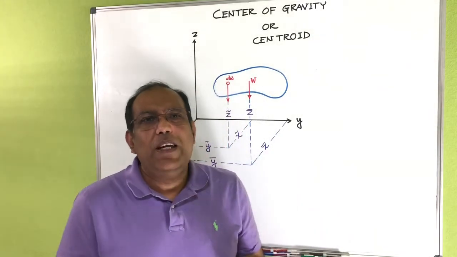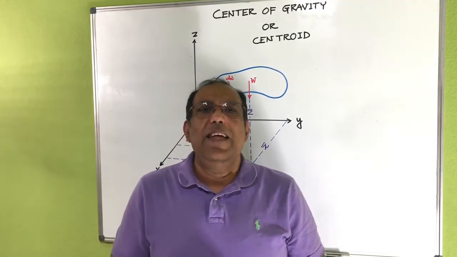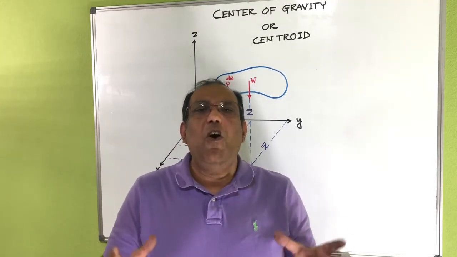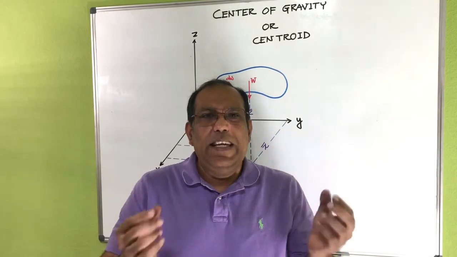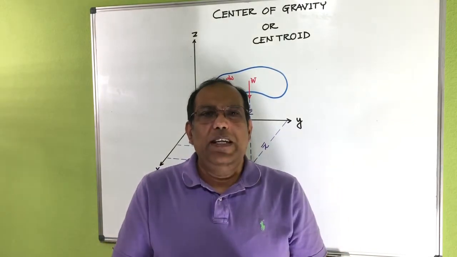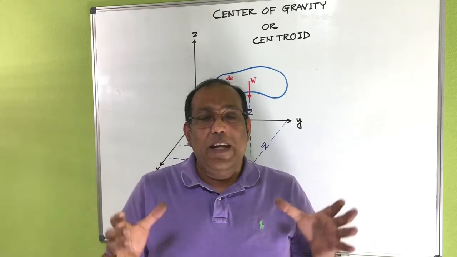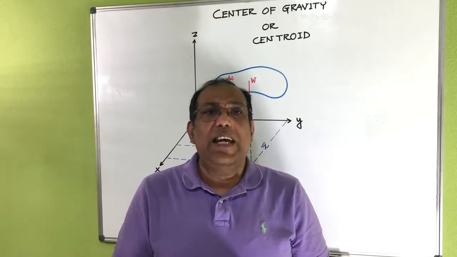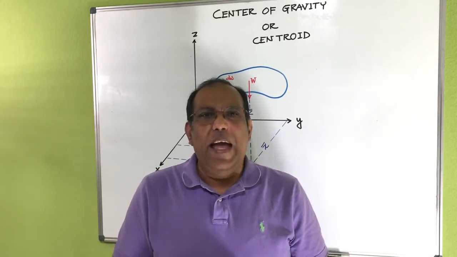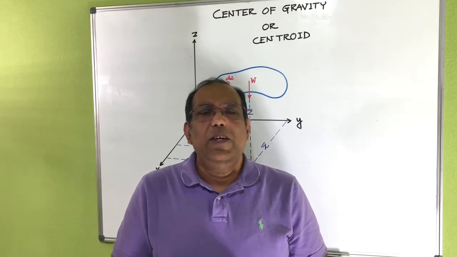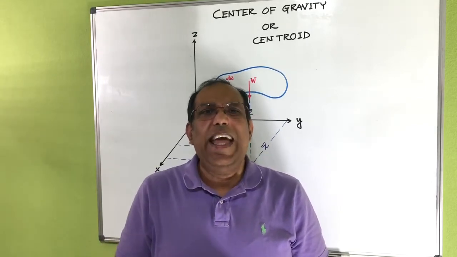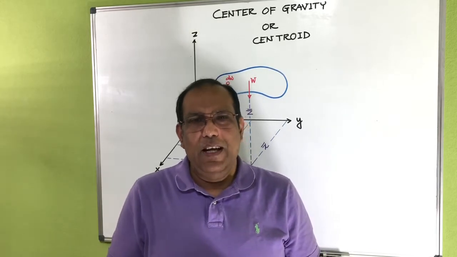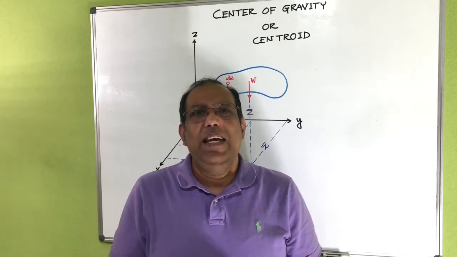The weight of that mass is nothing but the summation of the weight of each individual particle, and if you get the total or resultant, that's the weight of that mass. Now you can understand that this resultant force is working at a single point of that mass.